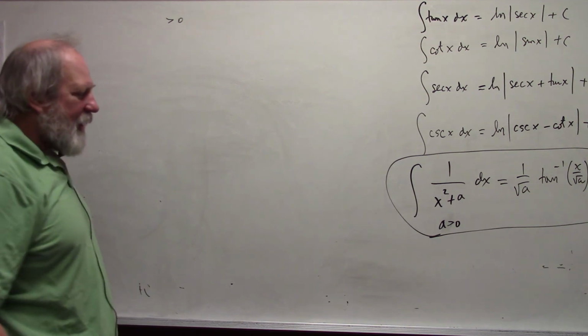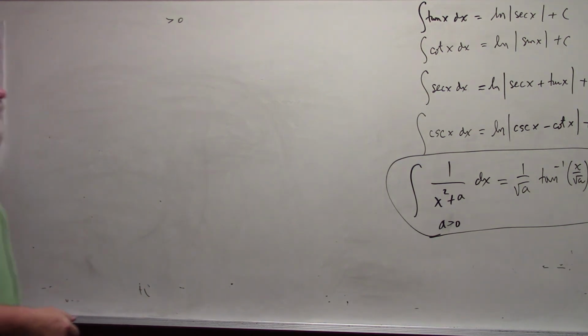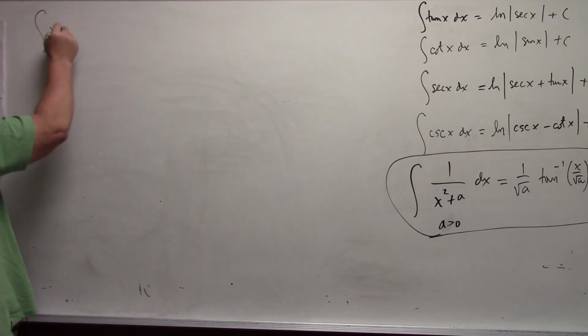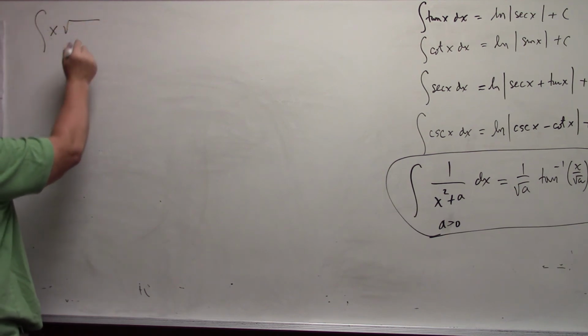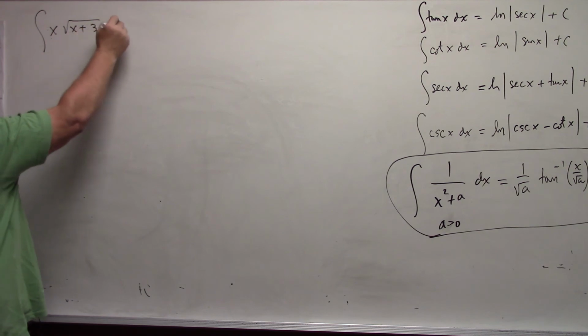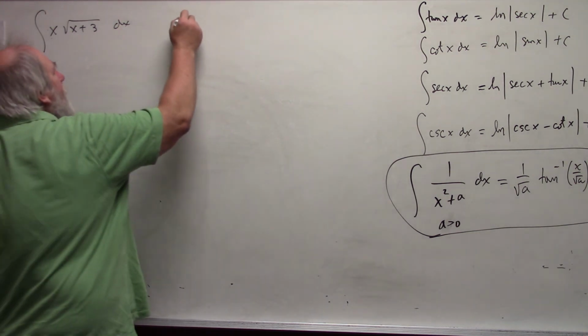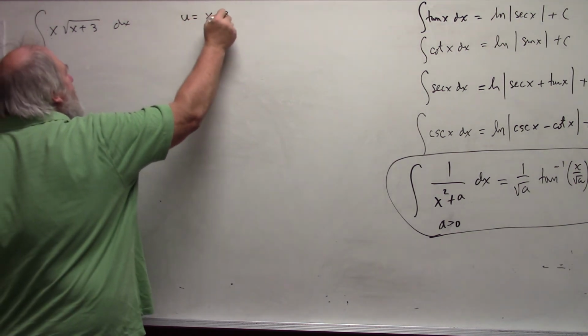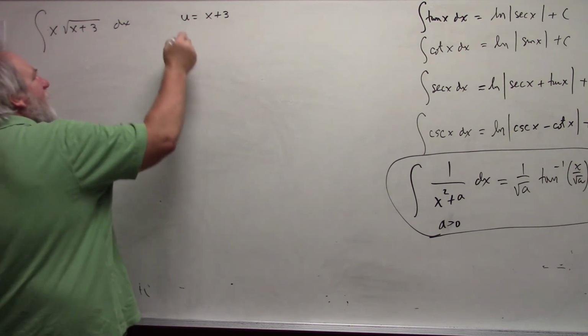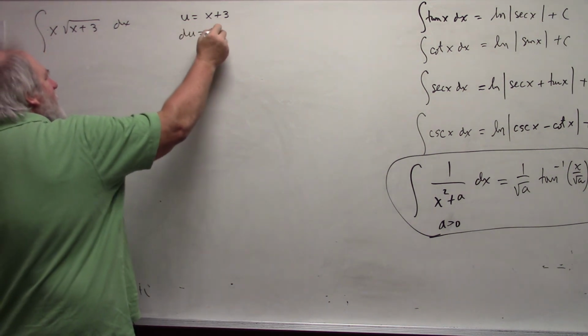Let's suppose that I have the integral of x square root of x plus 3 dx. And in this case, u is going to be x plus 3. Its derivative du is just plain dx.